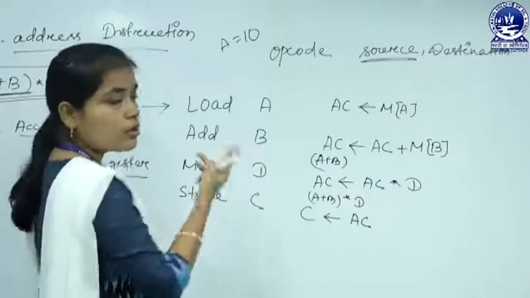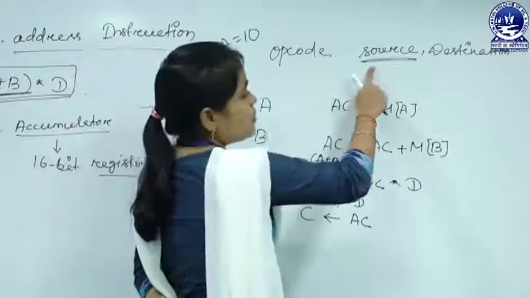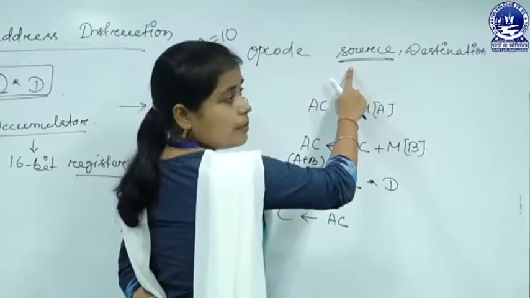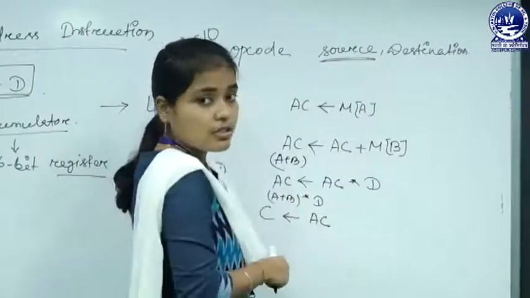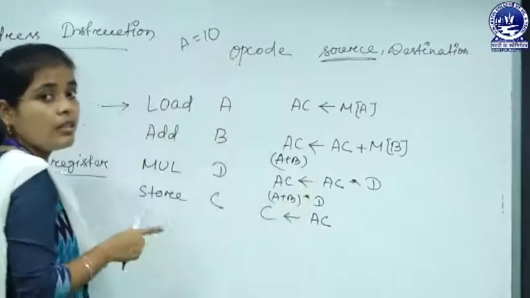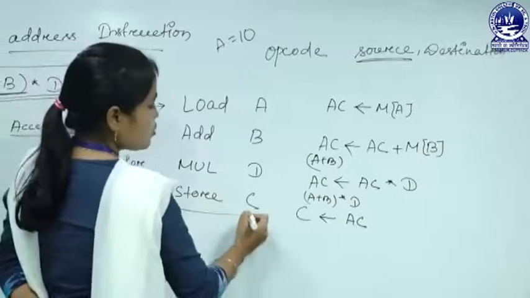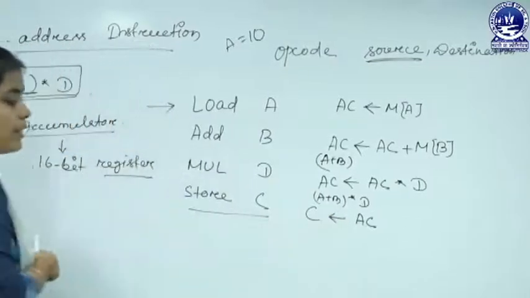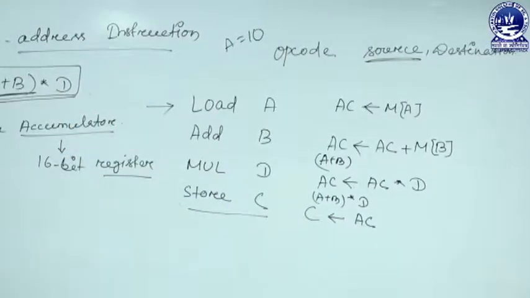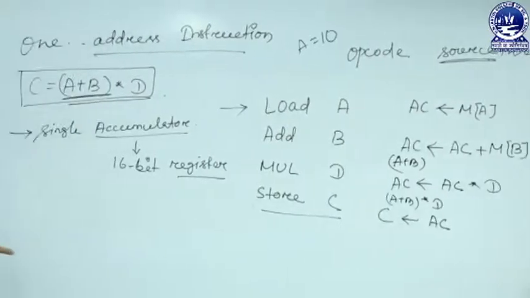When I am writing two, that means the left side operand is our source operand and the right side is our destination, which I have already told in our previous lecture. So store C means the content of the accumulator is stored in C. So this is the concept of one address instruction formats.